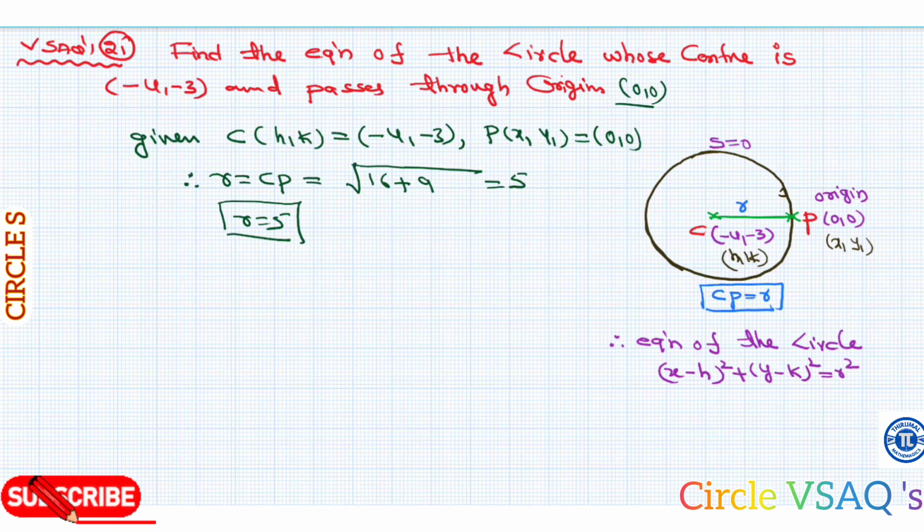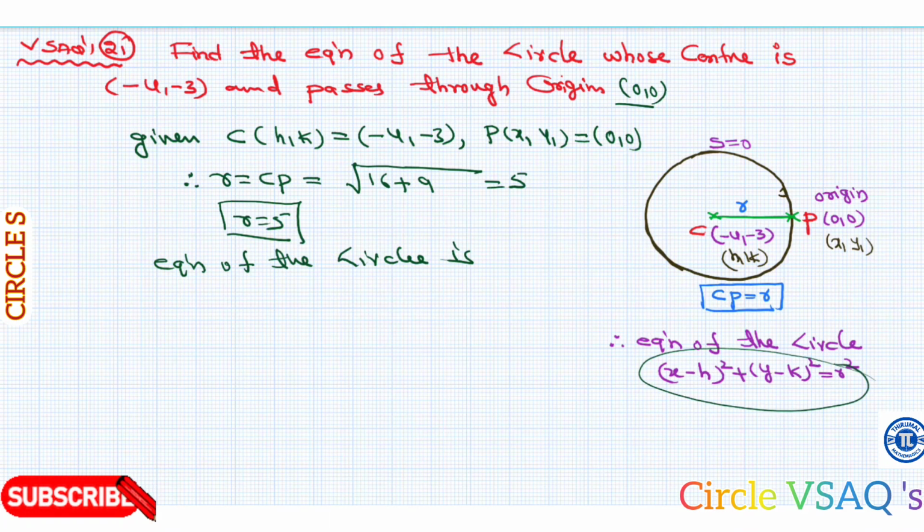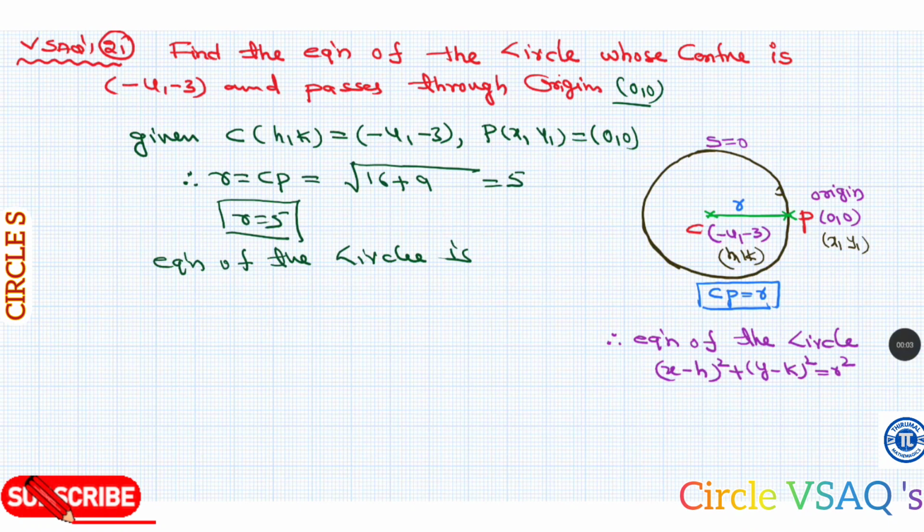Next, now write the equation of the circle. The formula is (x minus h) whole square plus (y minus k) whole square equal to r square. So the equation of the circle is (x + 4) whole square plus (y + 3) whole square is equal to 5 square, which is 25.